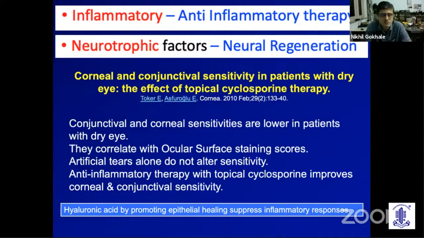We can also say probably that if we treat patients with a good tear substitute and help in promoting epithelial healing, probably it will also help to suppress the inflammatory responses that are often triggered by an epithelial breakdown.